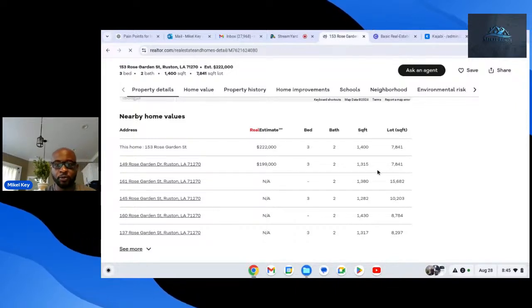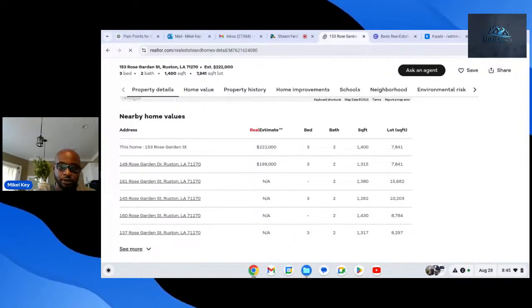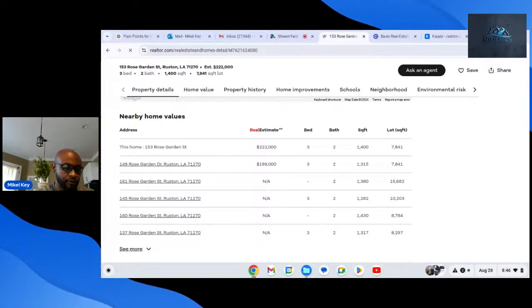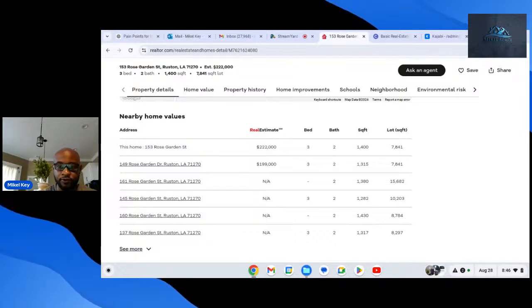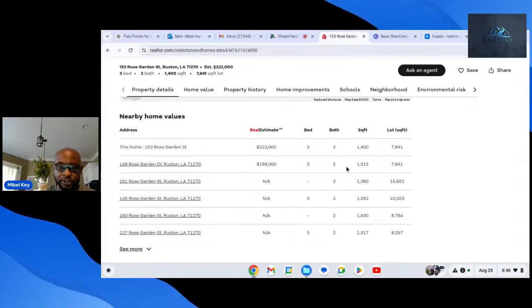Let's do some basic math: 199,000 divided by 1,315 is $151 a foot. I want you to understand how I came up with that. I took 199,000 and divided it by the square footage number, and that gave me $151 a foot.